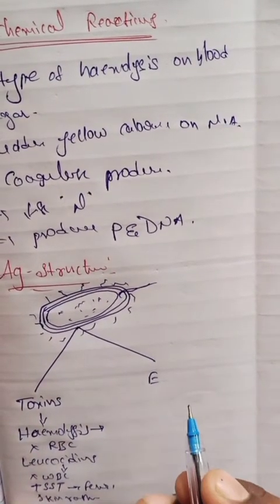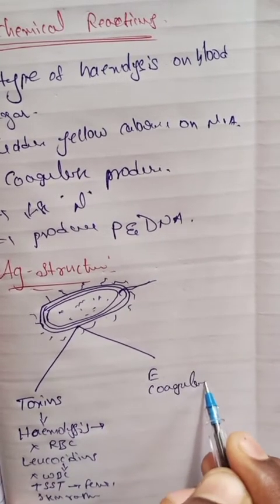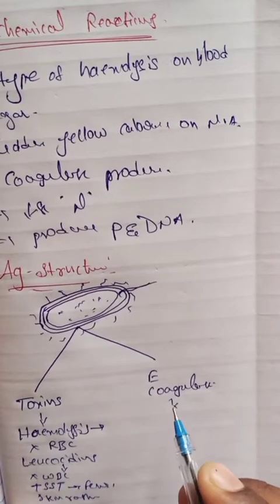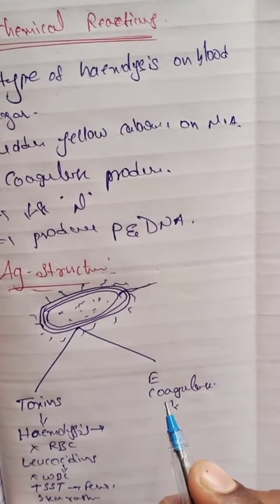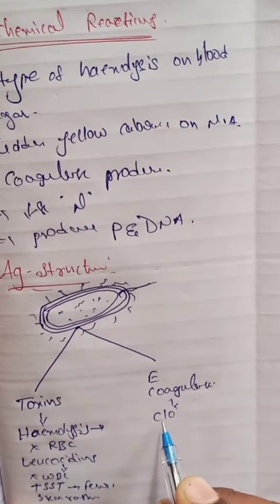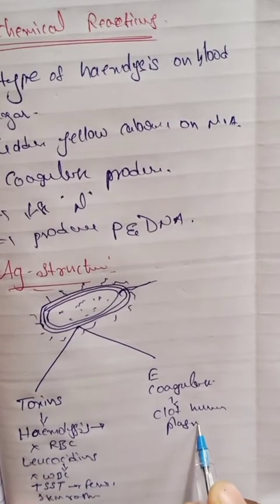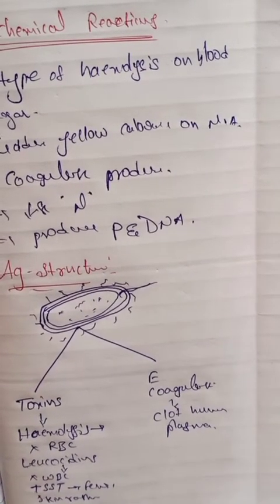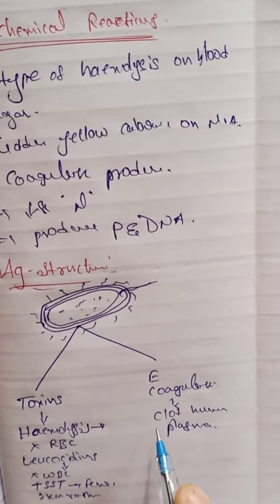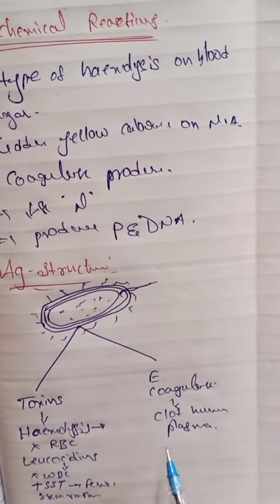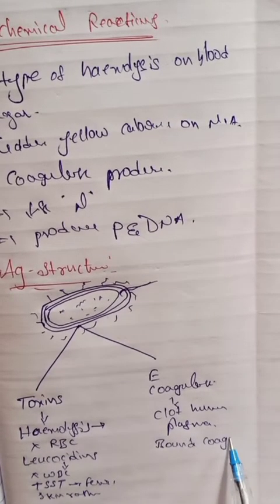And enzymes. One enzyme is the coagulase enzyme. The coagulase enzyme is secreted into the medium, and it clots the human plasma. The next one is the clumping factor, meaning bound coagulase.